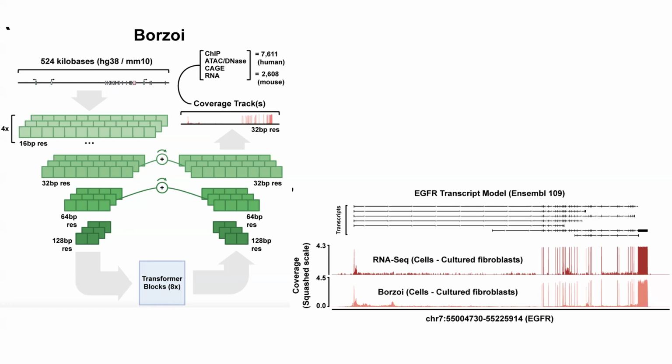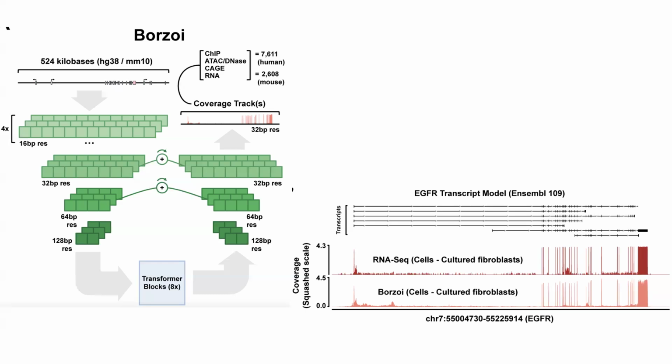The output of those transformer blocks is then upscaled, not back to the original 16 base pairs, but to 32 base pairs. And of course, it has those residual skip connections, so all the information from the high resolution convolutions is passed on by adding it, and then they use the output of that last layer to predict the coverage in an RNA-seq experiment.